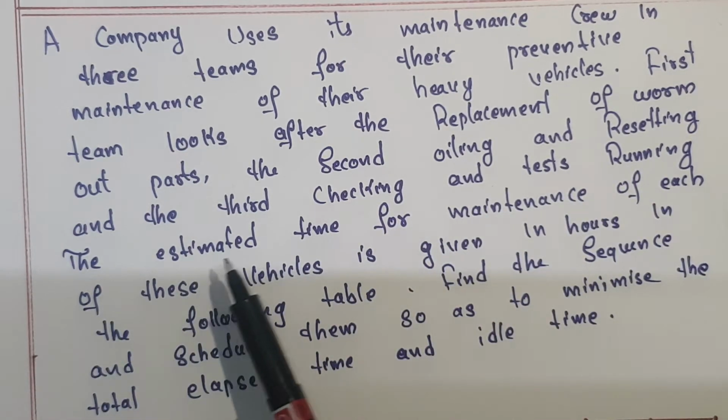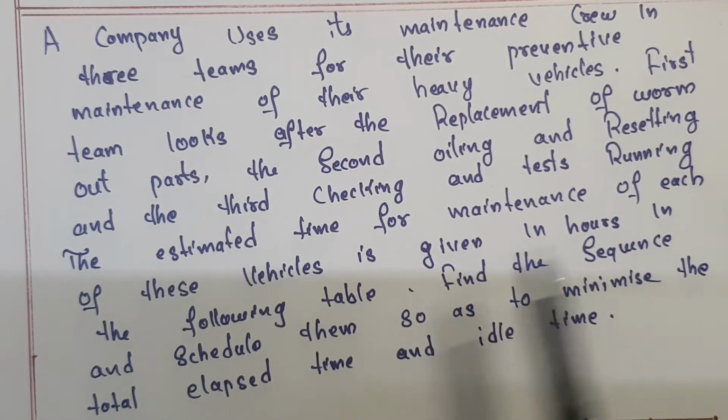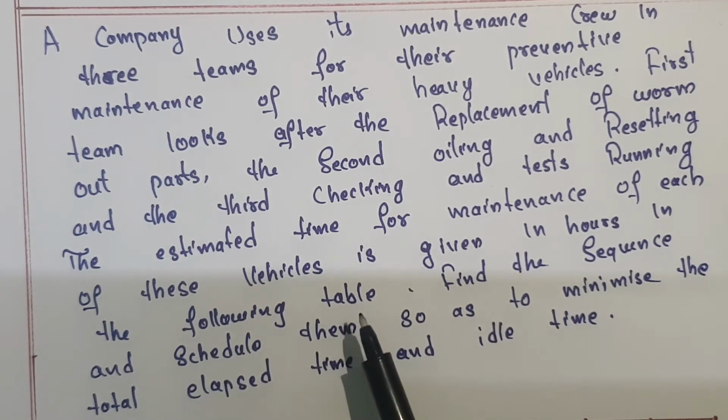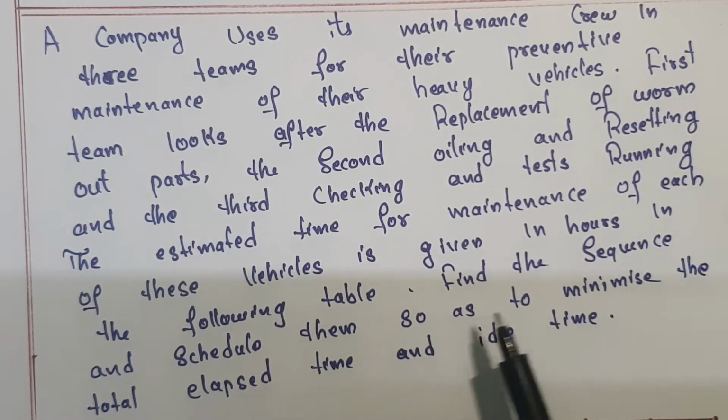The estimated running time for the maintenance of each vehicle is given in the following table. Find the sequencing and reschedule them so that the total elapsed time and the idle time are minimum. So you have to find out two things: first the elapsed time, second the idle time.